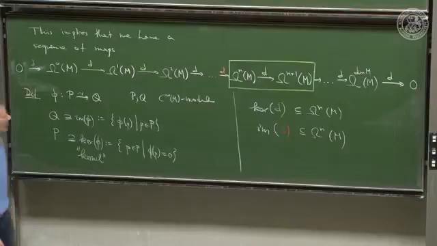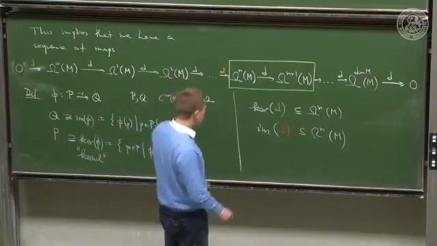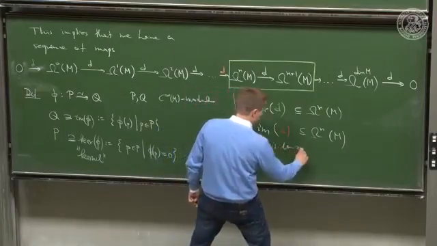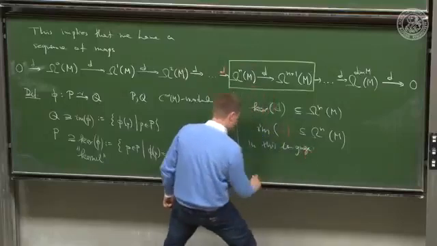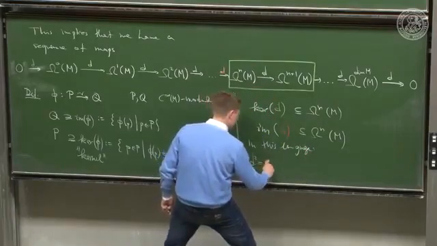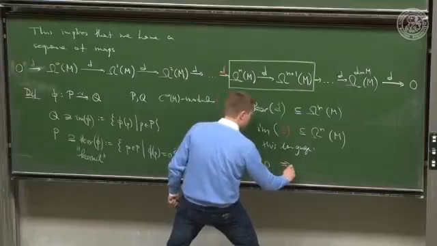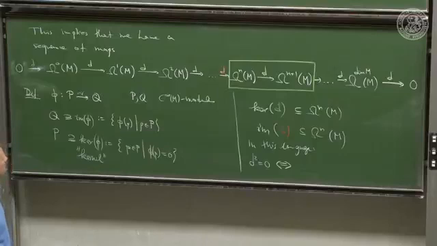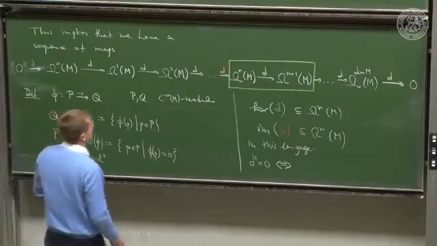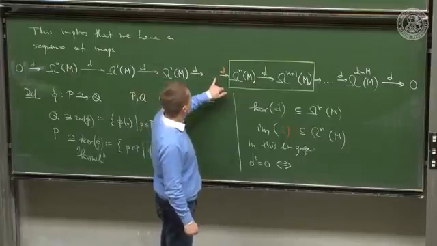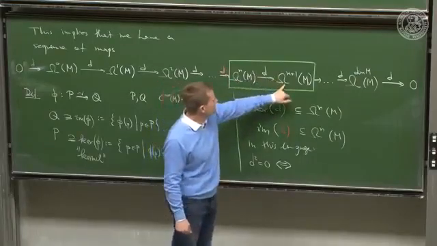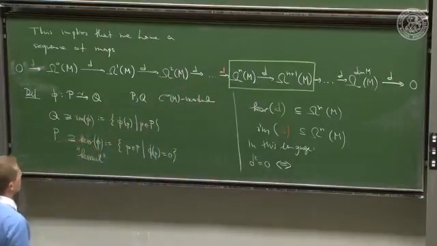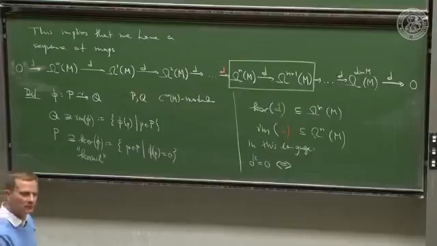Is that clear? Okay. And so what does it mean, in this language, that we have D after D equals 0? What does this translate to? Well, the first D takes you here, the second D takes you to 0. That means the image lies in the kernel, right?